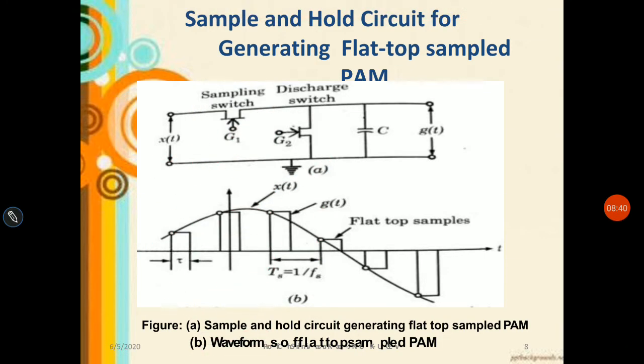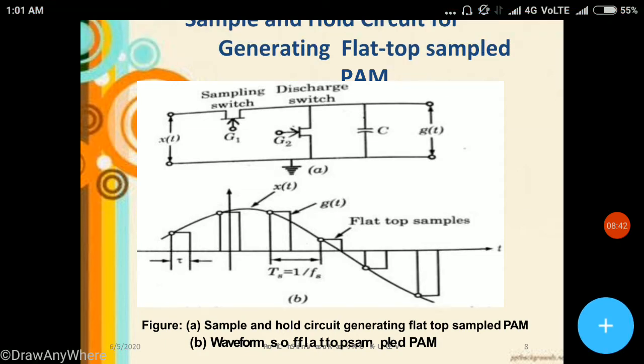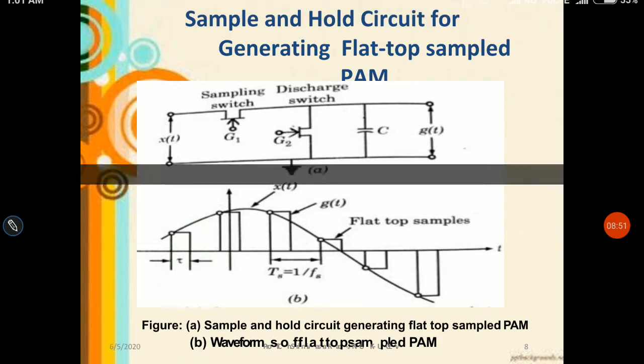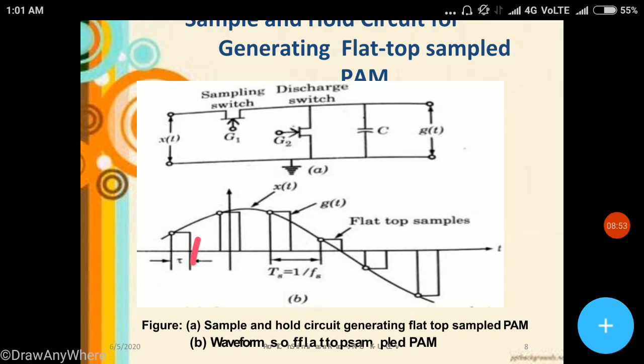So you see here, when G1 is on, we get a pulse like this, and when it is off, the discharge is coming like this, and it will be off again. That is, the capacitor will be discharged fully. Then again you have to switch on the sampling switch, and the capacitor charges again.